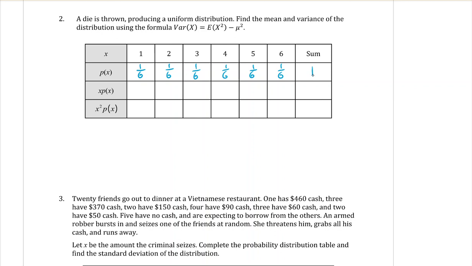And our xp of x, we already know that as well. You can copy that from the last table. 1 over 6, 2 over 6, 3 over 6, 4 over 6, 5 over 6, 6 over 6, which means that we get that 3.5 again, which is our expected value, or mu.